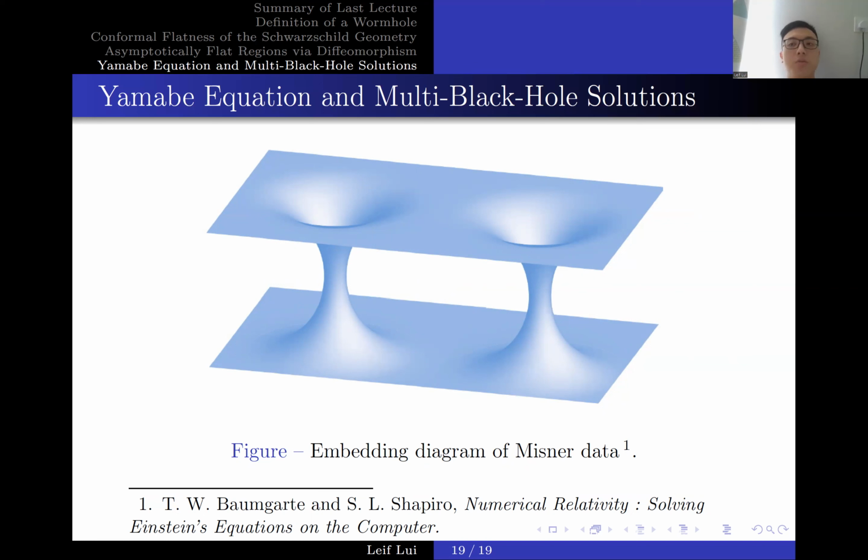In electromagnetism, the reason why we can superpose charges to get the potential or the electric field is because the equations are linear. But in general relativity, the Einstein equation is highly nonlinear. What is surprising is that when we make it spatially conformally flat, it becomes linear. I personally think this is quite an interesting property of the Einstein equations.